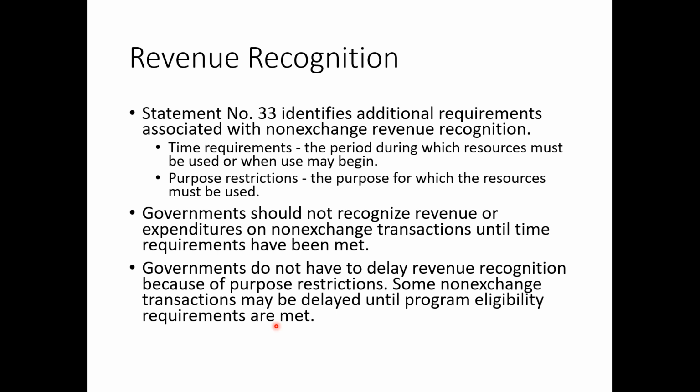So until the new department is set up, then we can recognize revenue, the grant. Otherwise, before that, we cannot recognize revenue because we haven't fulfilled the requirement, we haven't been eligible basically to the grant.